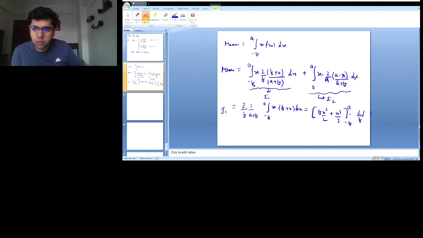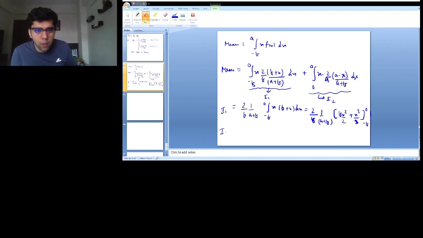Let me write this whole thing again: this is my constant term, 2 upon b, 1 upon (a plus b), and this will become bx square by 2 plus x cube by 3, and my limits are minus b to 0, right?